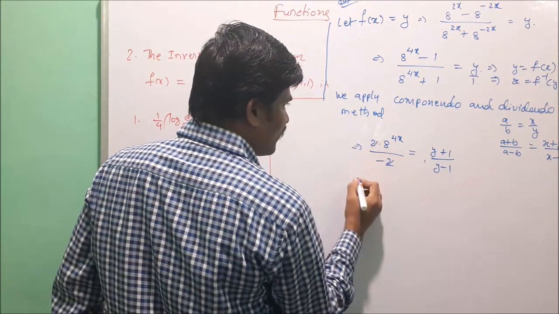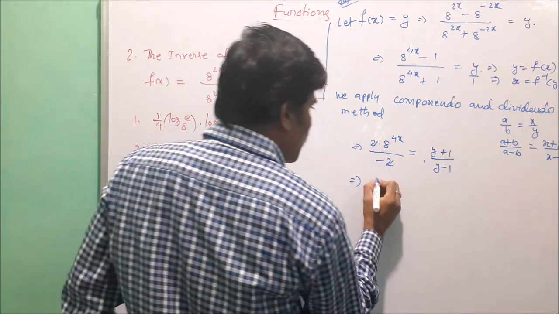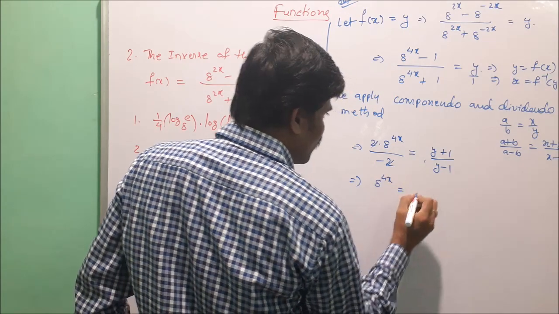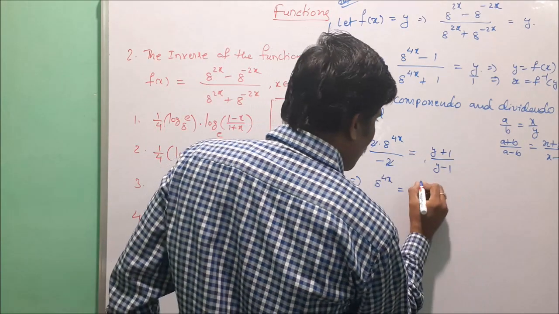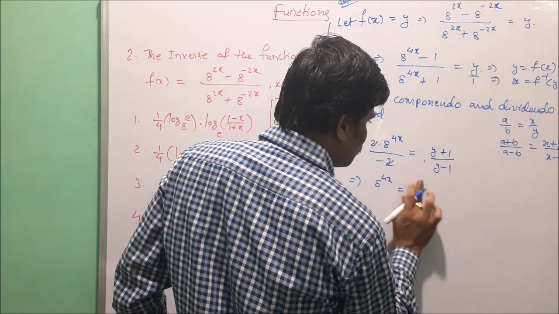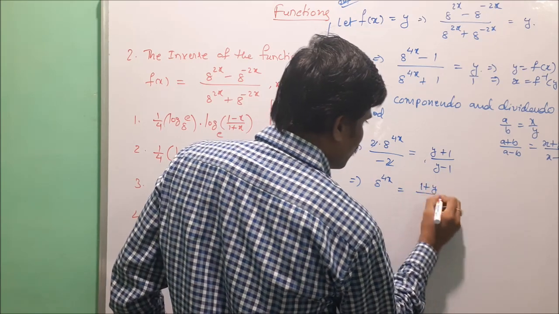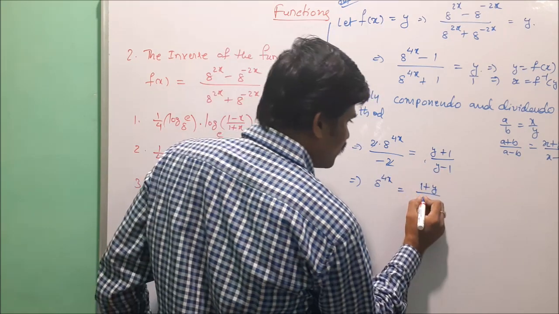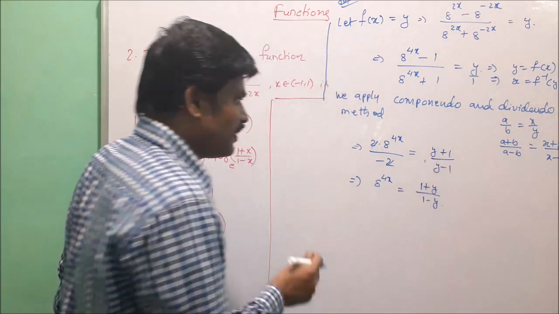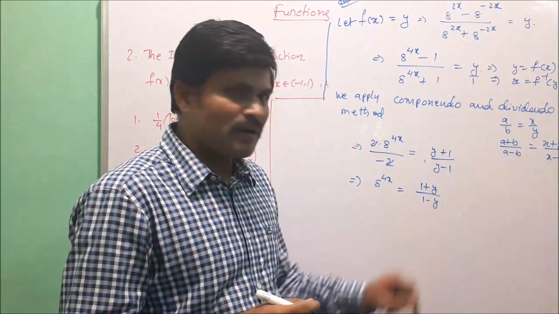Now 2 cancel, here 8 power 4x equals to 1 plus y by, here multiply with minus 1, this is 1 minus y. 8 power 4x equals to 1 plus y by 1 minus y.